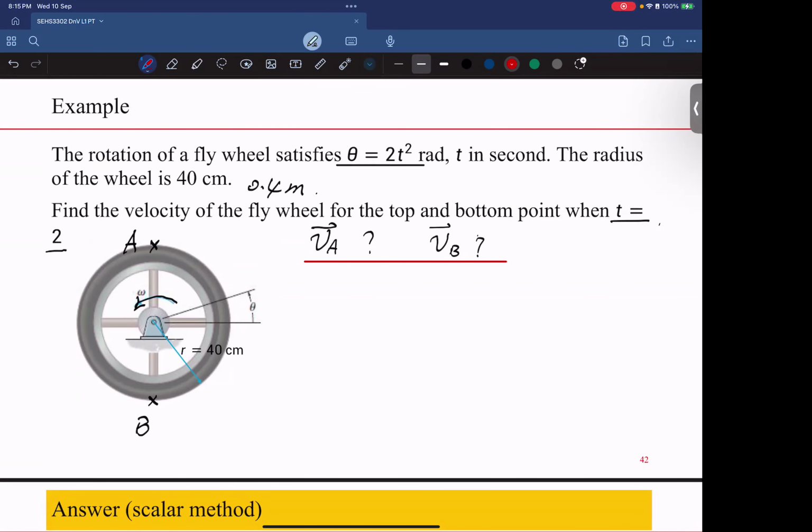Intuitively, this can be done by just simple mathematics. We do not need the vectors.